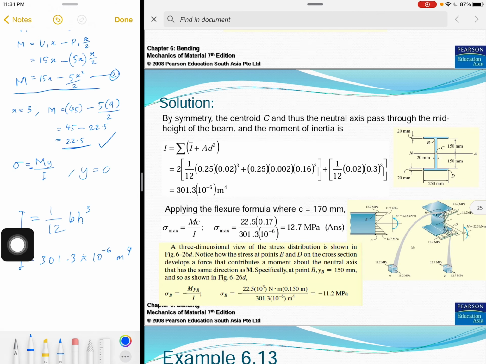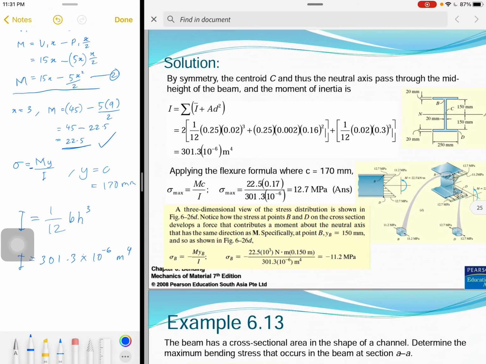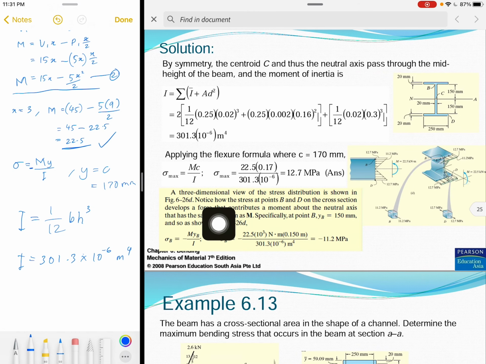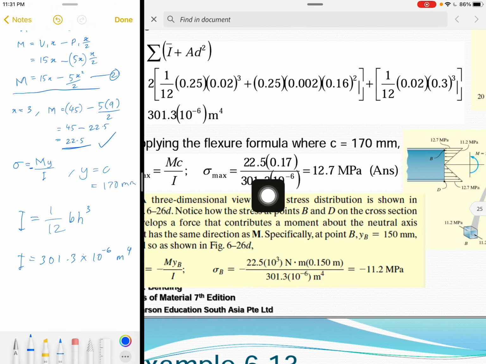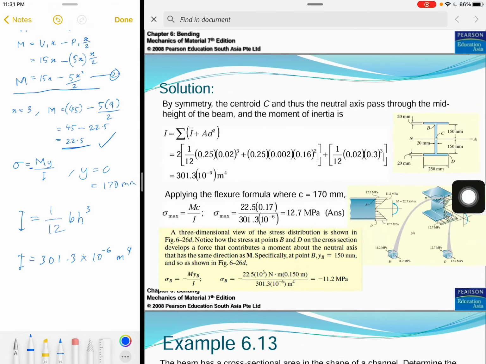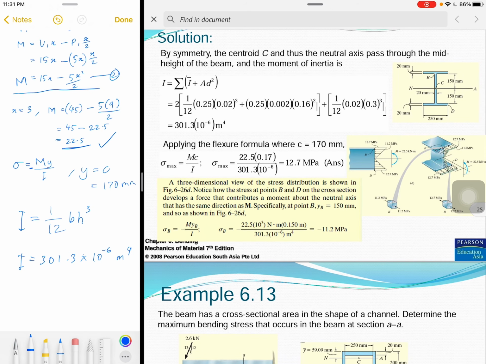In this case, Y is equal to C, which is 170 millimeter. Have we got all values? Yes. So we just put in the values inside this formula, and then you can get that the maximum stress is 12.7 megapascal. So this is the answer for this example.